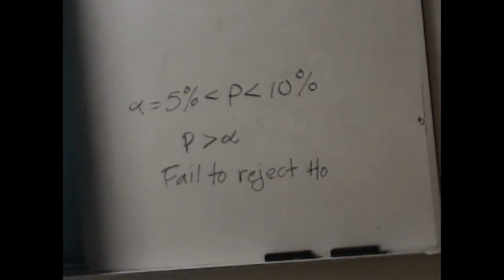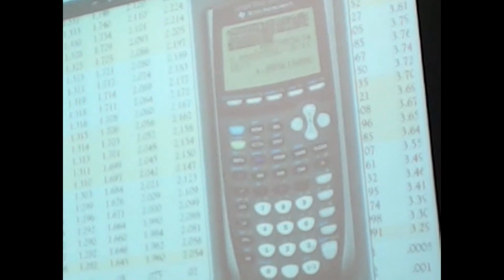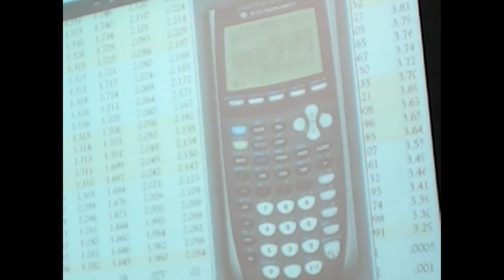Here's the good thing about the calculator then. All I did was change that 24 to 22.